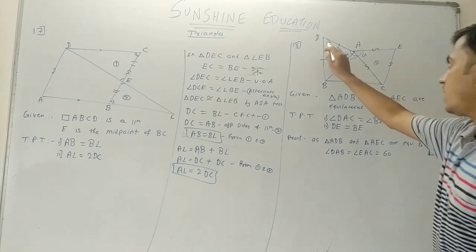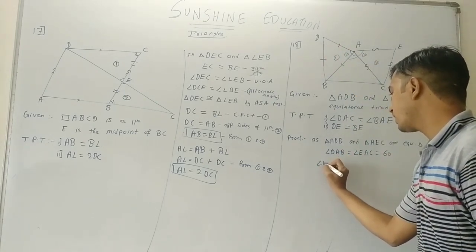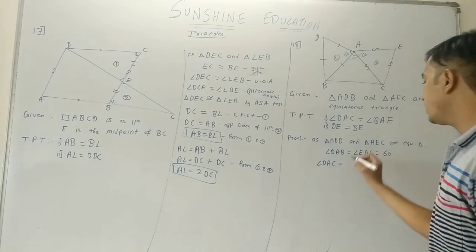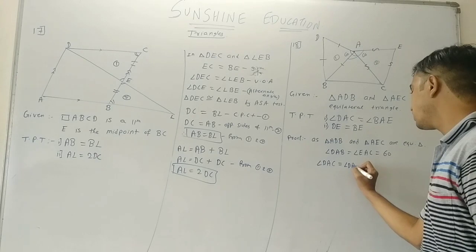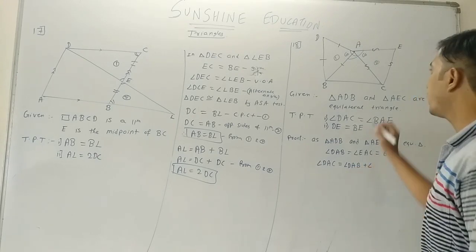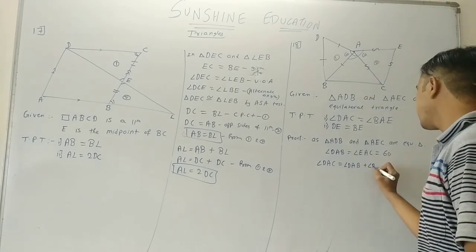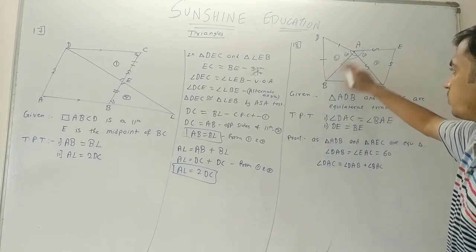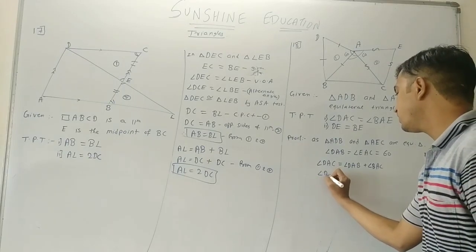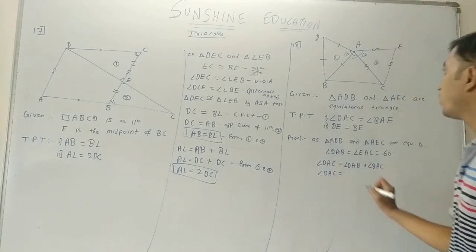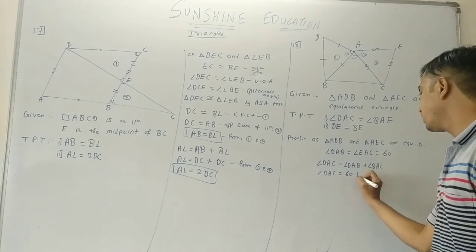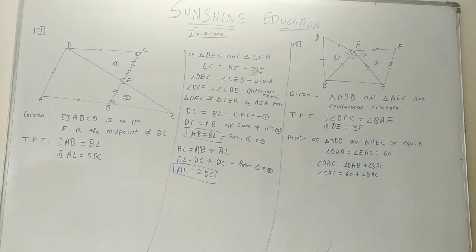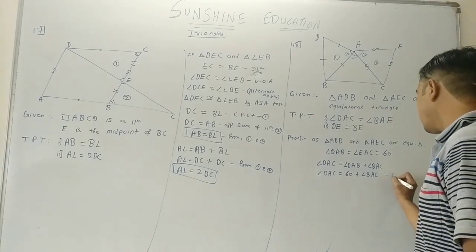So angle DAC is equal to DAB plus BAC. What is DAB? It is 60 plus angle BAC. I will give this number 1.